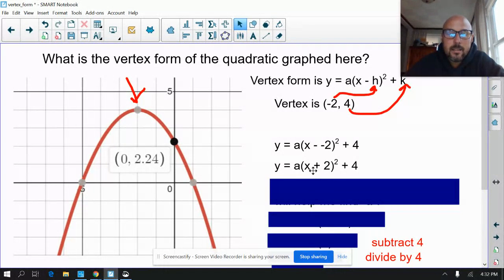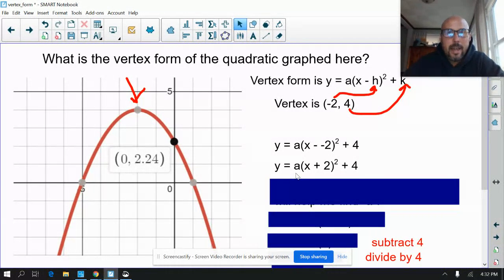Year after year, I'm failing as a teacher, but I keep getting students who think they're done right here. You got 3 variables. Remember, this is a relationship between x and y, not a. A should not be a variable. A is a number. And according to this graph, since it's facing down, I know that a is negative.